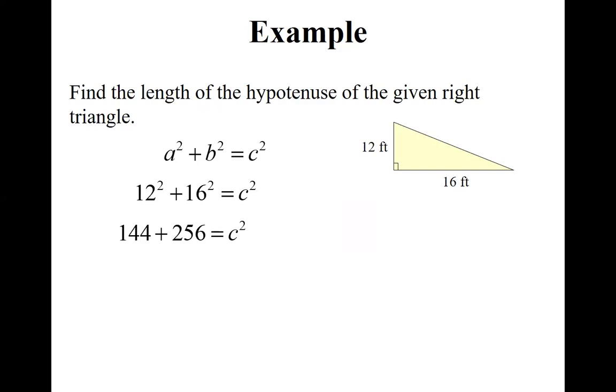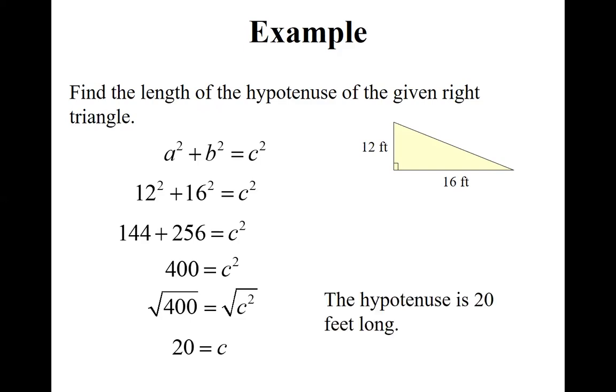Add the 144 and the 256, we get 400. And to get c by itself, we need to undo squaring. And we're going to do that with square rooting both sides. The square root of 400 is 20, because 20 times 20 is 400. So we know the hypotenuse is 20 feet long.